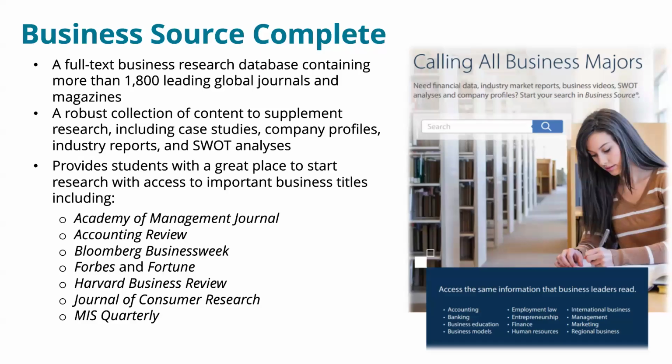It provides students and business researchers a great place to start to access important business titles and articles. Some of the important journals you'll find include the Academy of Management, Accounting Review, Bloomberg, Business Week, Forbes and Fortune, of course, the Harvard Business Review, Journal of Consumer Research, and MIS Quarterly.